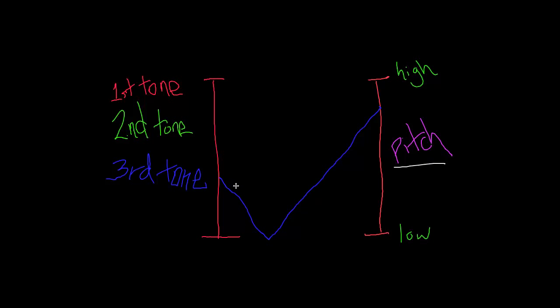Everything would be really low. Some words in Chinese that are third tone. The number 5, wu, wu. Also, the number 9, jiu, jiu.